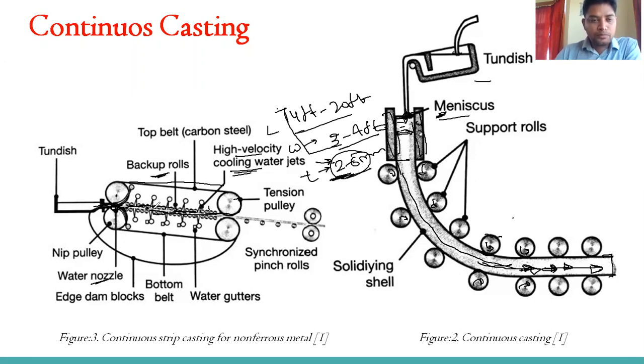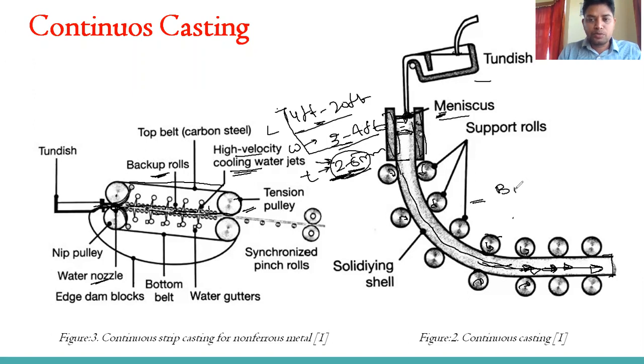As I said, the thickness is very small and the width and length are very high, so there must not be any deformation, because the final product is very important. We do not want any deformation on the sheet, so that's why we are using this separate method. Otherwise this would also be fine.